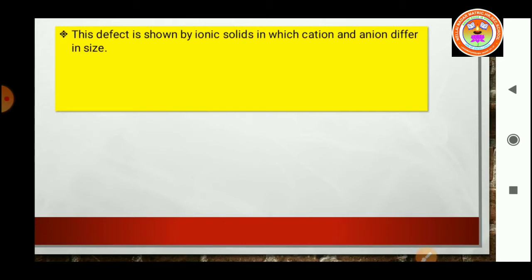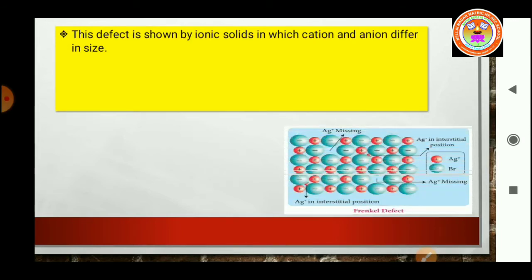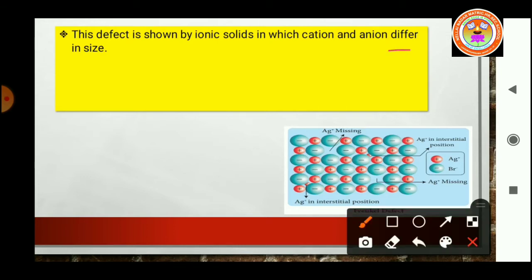So this defect is shown by ionic solids like Schottky defect. But in this case, see the size, in which cation and anion differ in size. In Schottky defects, they are more or less the same in size, but in Frenkel defects, cation and anions differ in size.